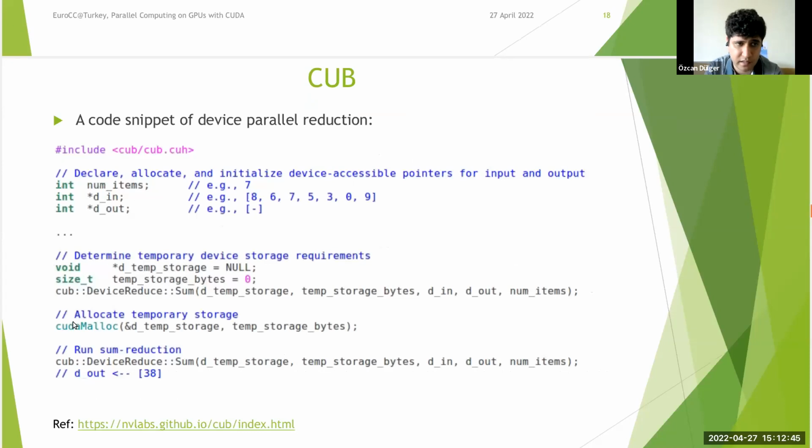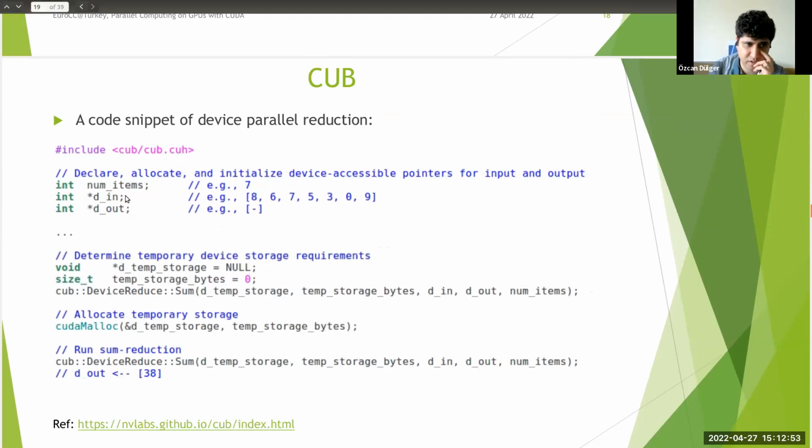Here is an example, a code snippet of device parallel reduction. We have a device input variable and an output variable, and the number of items is 7. We want to make a reduction over this given device array, and we need some temporary data structure, a pointer and a variable.